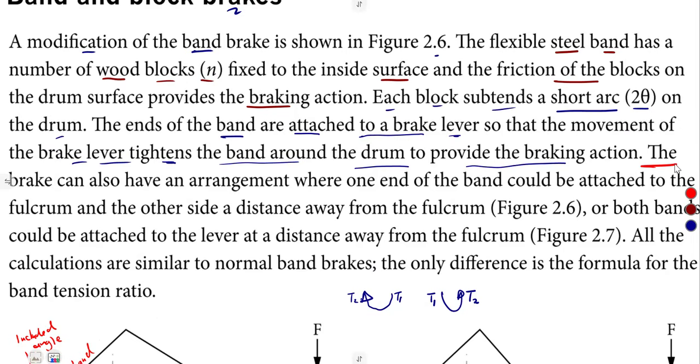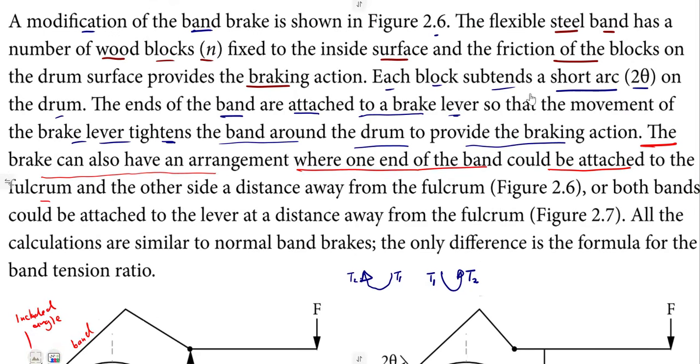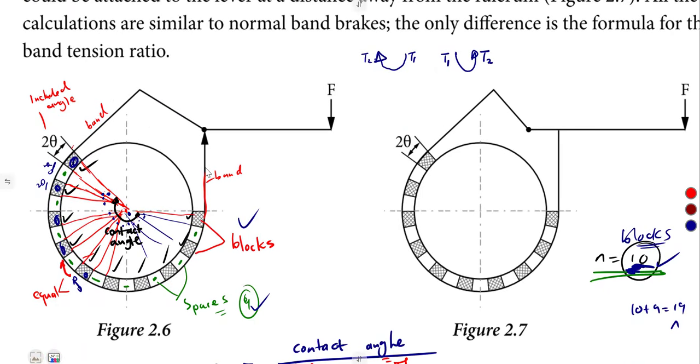Thus, the brake can also have an arrangement where one end of the band could be attached to where? To the fulcrum. One end of the band here could be attached to the fulcrum, and the other one to the other part of what? Of the lever, at the end of the lever. So to the tangent, it's a band that we have.